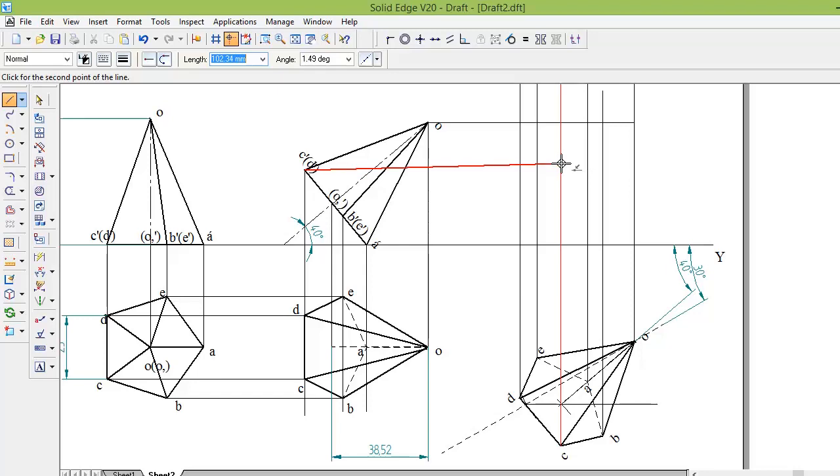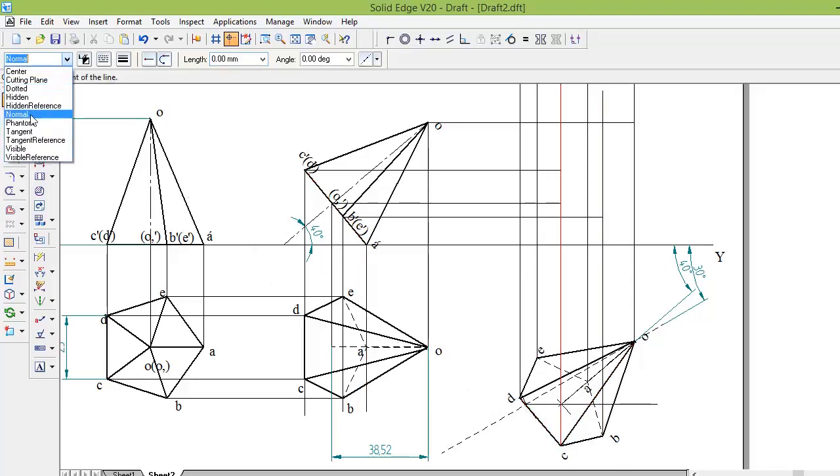It is C, B. So this is O point. See, O comes under this line. Next, this is B and E. B is here, E is here. So this is O.